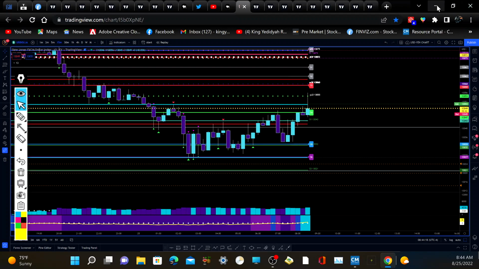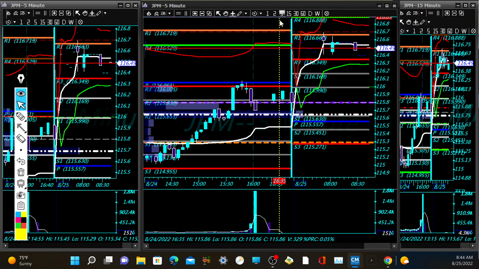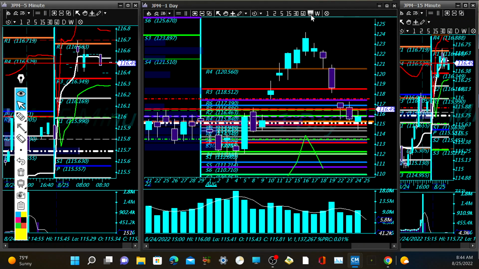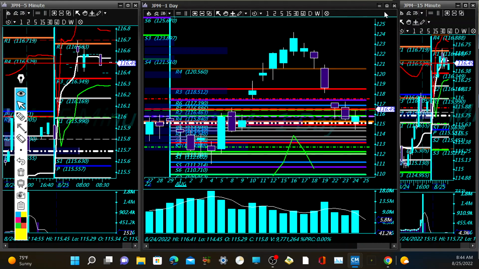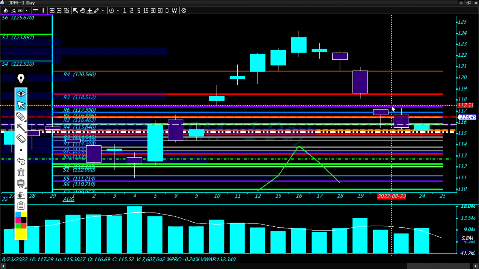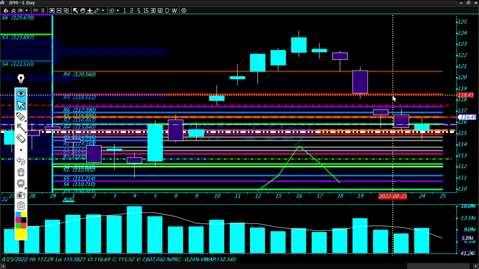Let's take a quick look right here at JPM. JPMorgan Chase Bank is looking like it might get a little gap fill. Let me go to the daily chart. I'm looking at this area right here as a little gap fill, if we could break out from 117.21 to around 118.45.